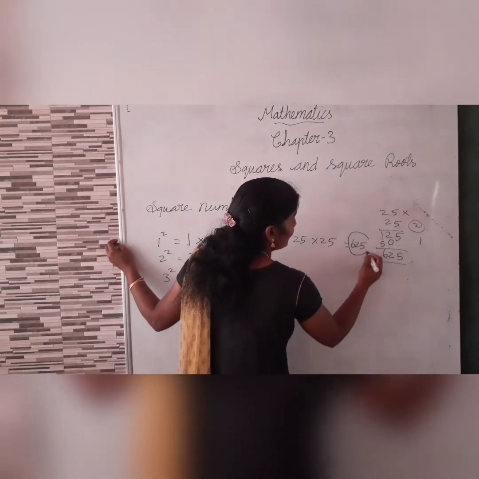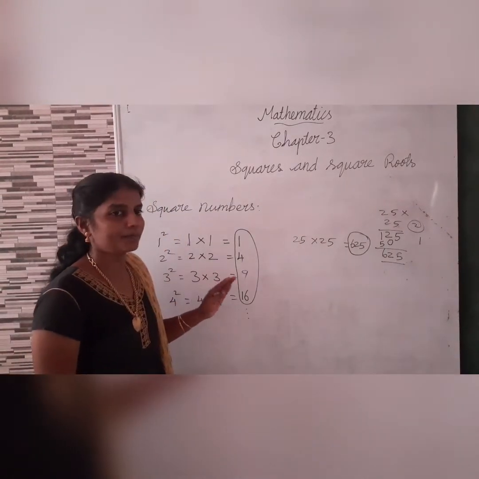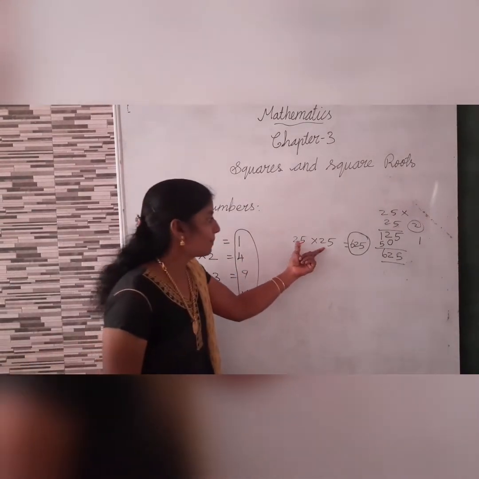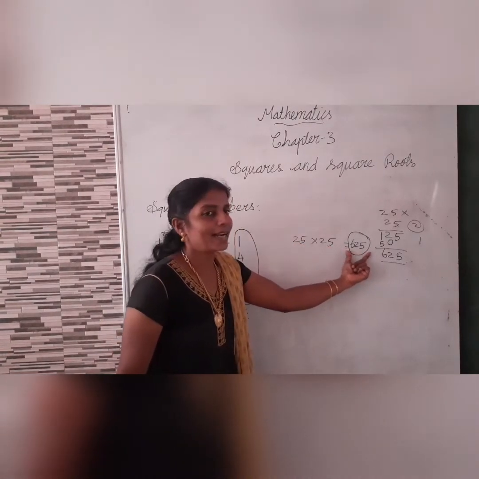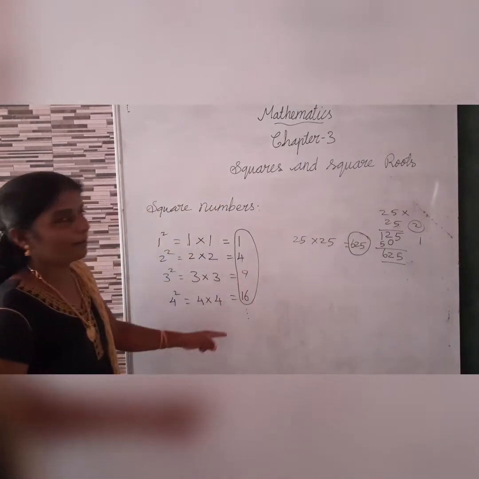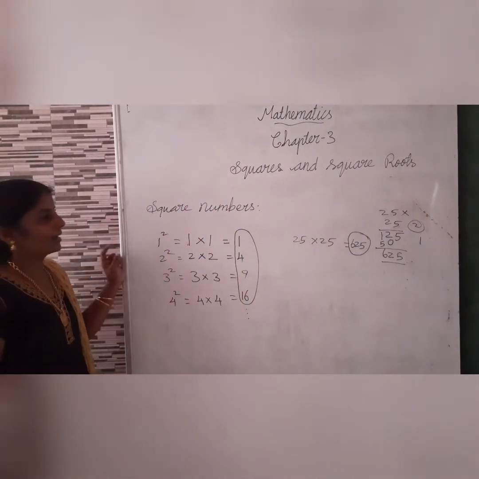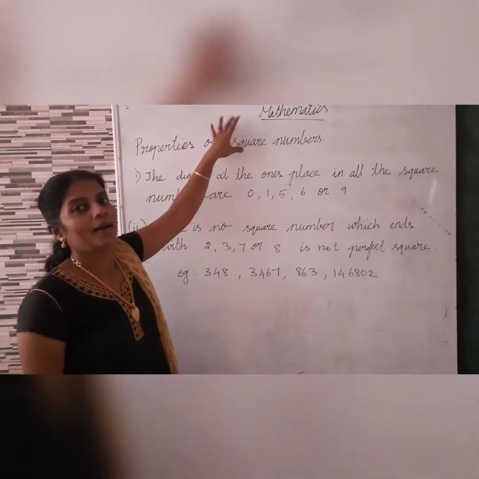So, 625 is also a square number. Are you clear?